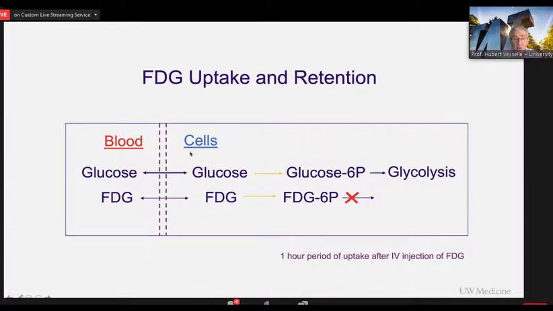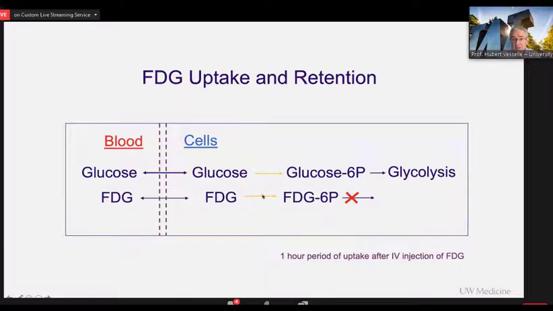Well, it goes from the blood compartment to the intracellular compartment through glucose transporters. Like glucose, it is phosphorylated once to FDG-6-phosphate through hexokinase and glucokinase enzymatic activity. But contrary to glucose-6-phosphate, which is a substrate for the next enzyme of the glycolytic pathway, FDG-6-phosphate cannot go further.